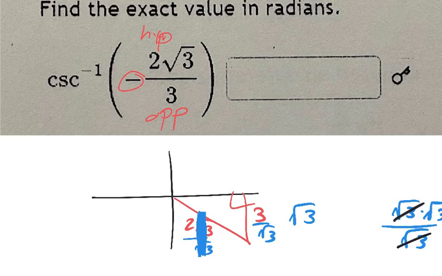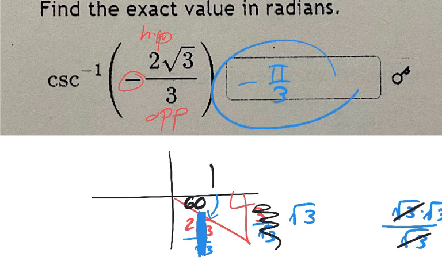It's like I'm unrationalizing the denominator, right? That's kind of what they had done to get it in its current form. Which makes this one 1. Which means my reference angle is 60. Which means in radians, how much did I rotate to get 60 degrees in the fourth quadrant? Negative pi over 3.